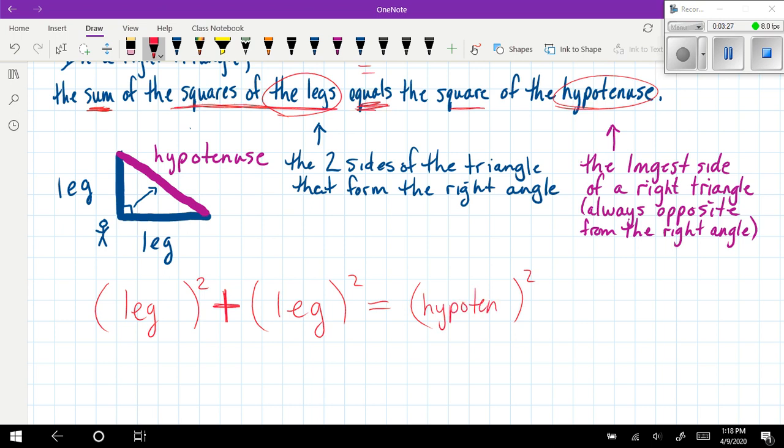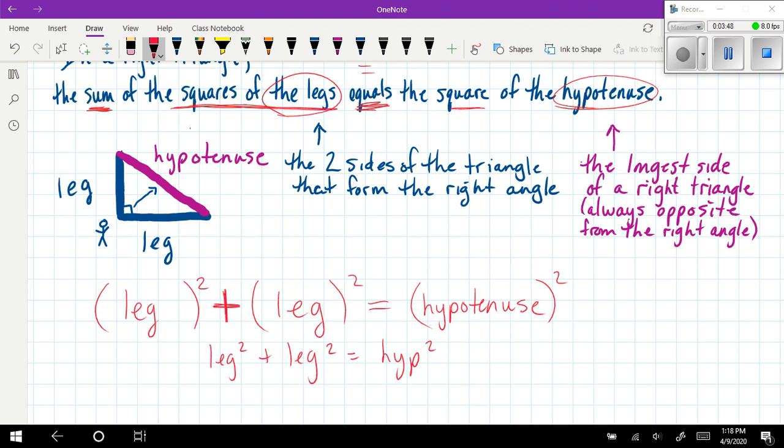I'm going to leave myself a little bit more room here to finish writing hypotenuse squared. So this is your Pythagorean theorem. Leg squared plus leg squared equals hypotenuse squared. You will see me writing this like leg squared plus leg squared equals hypotenuse squared.